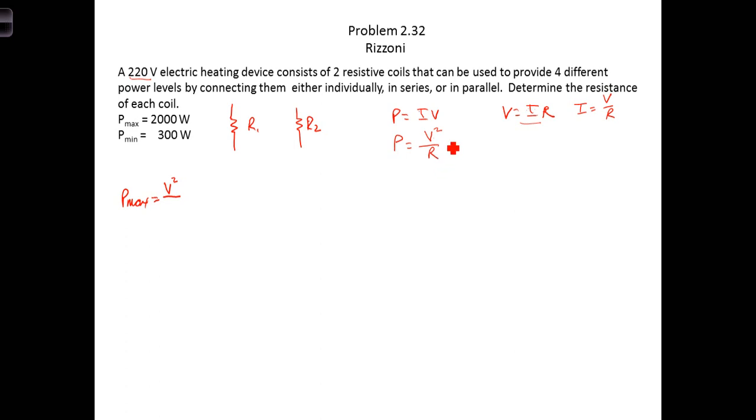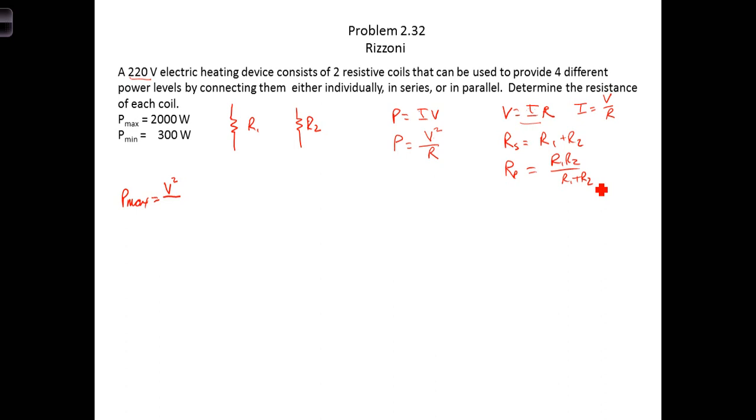Now, what do we know? We know that when resistors are connected in series, let's call that R sub S, the resistances simply add: R1 plus R2. And we also know that when the resistances are connected in parallel, call it R sub P, that's equal to R1 R2 over R1 plus R2.